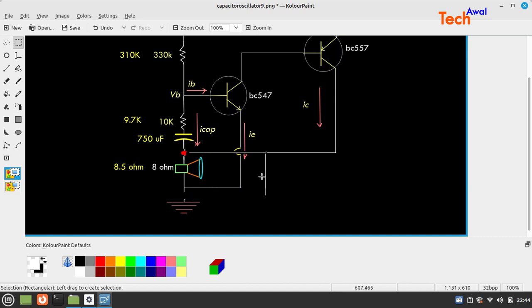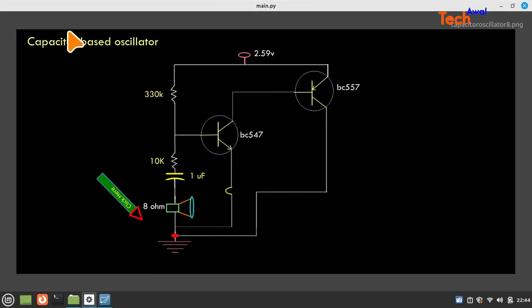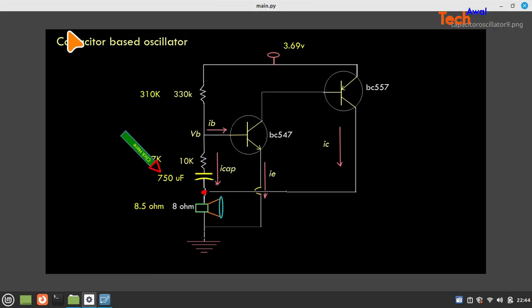Okay, so we have connected back the IC. So this is the actual circuit, and the collector of the PNP is connected before the speaker.